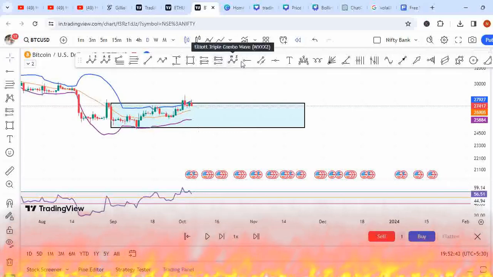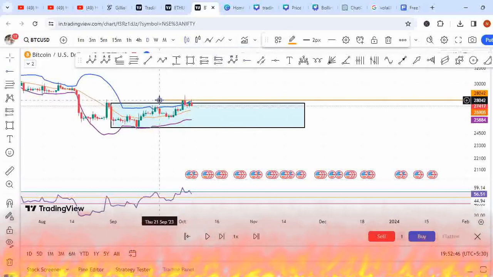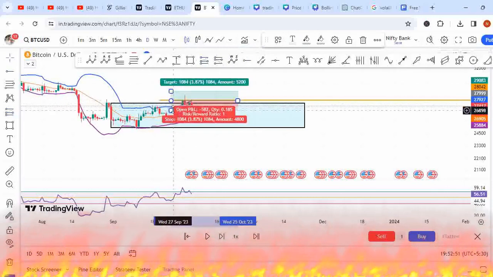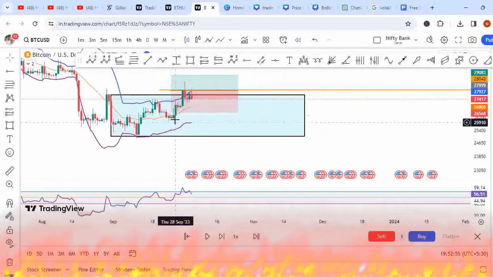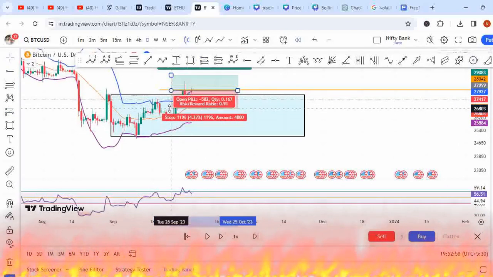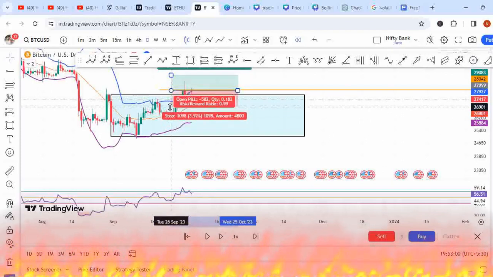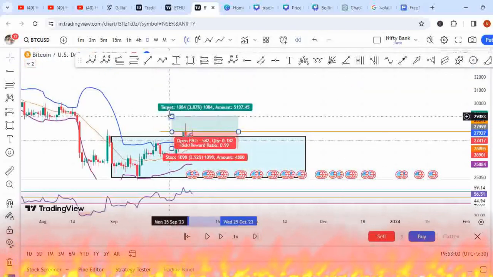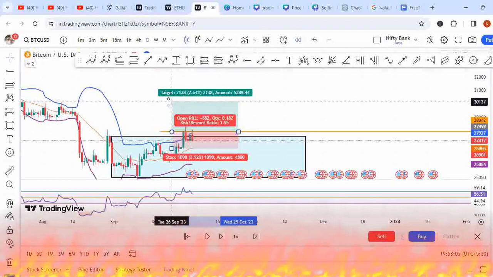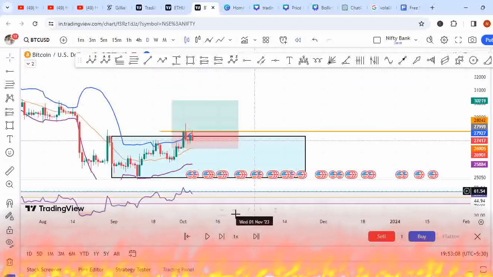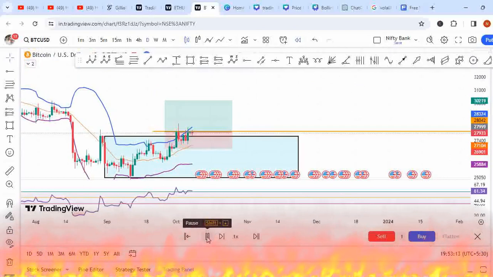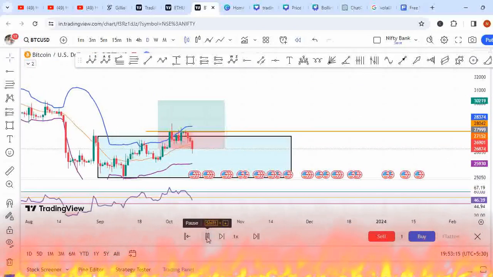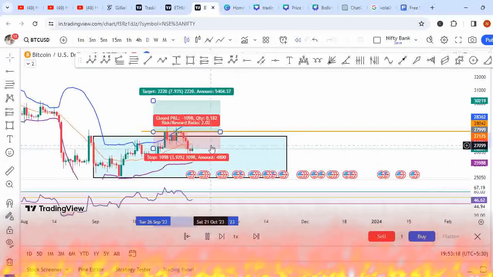Here you can mark this, you can take the entry. Keep this candle's low as your stop loss. Keep risk to reward ratio 1:2. There it is, it has hit your stop loss.